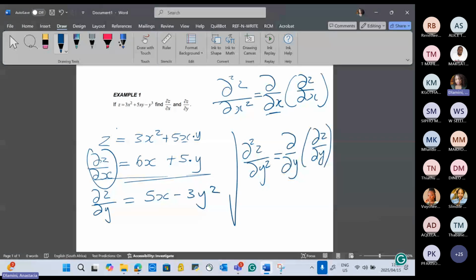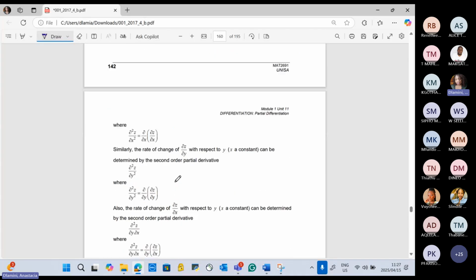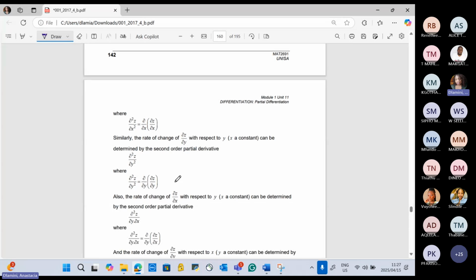But we said the first order has 2 of them, so there must be another one. Also, the rate of change of z with respect to y, meaning that in this case you're keeping x constant, can be determined by the second order partial derivative where, look at this, let me enlarge so that I write here.